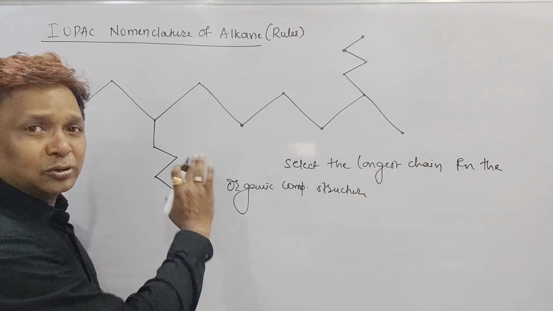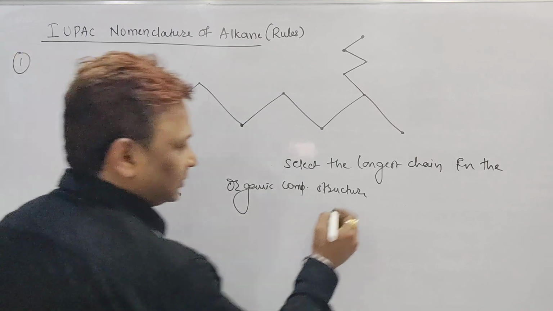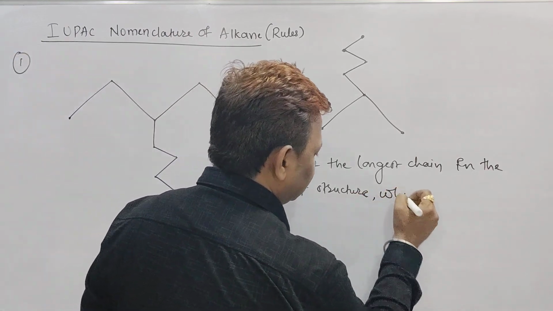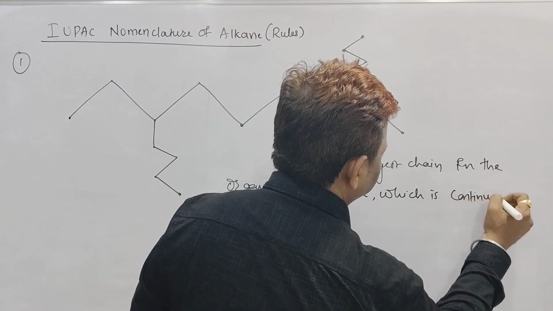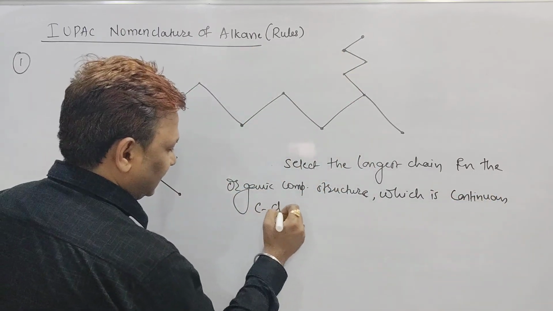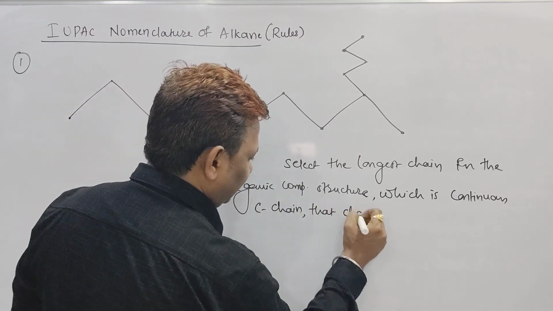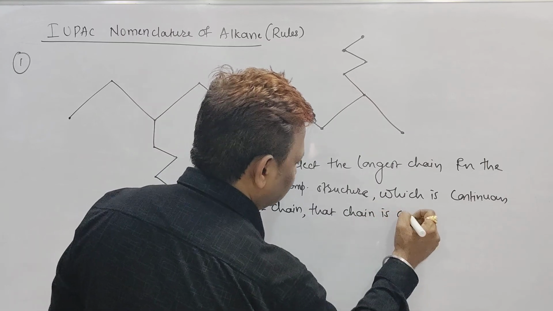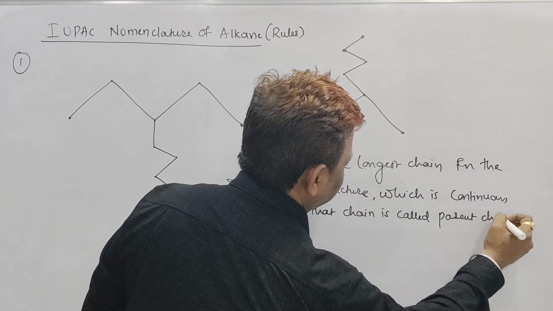Means in this structure you have to select the longest chain, right beta? Select the longest chain in the organic compound structure which is a continuous carbon chain, and that continuous carbon chain is called a parent chain.